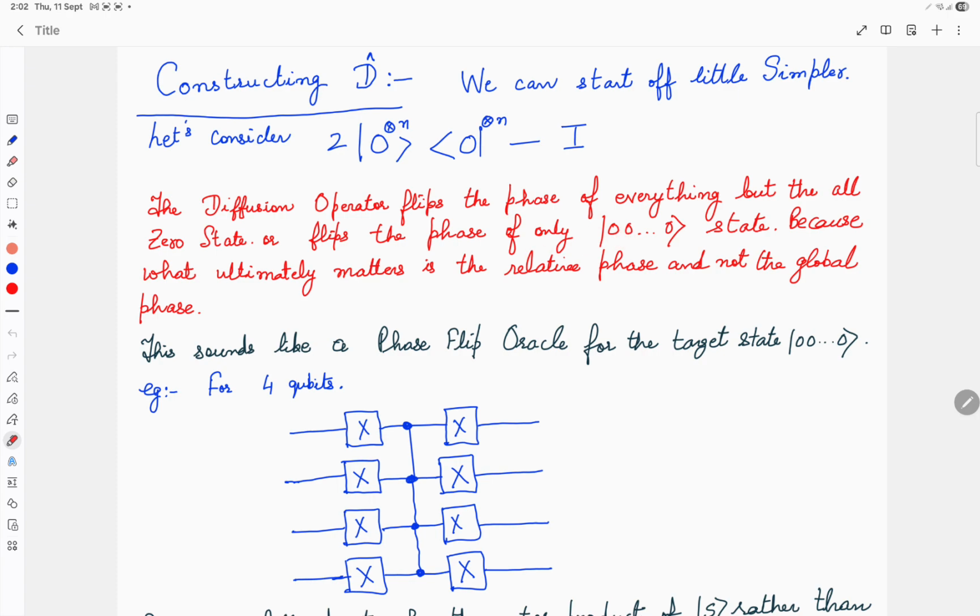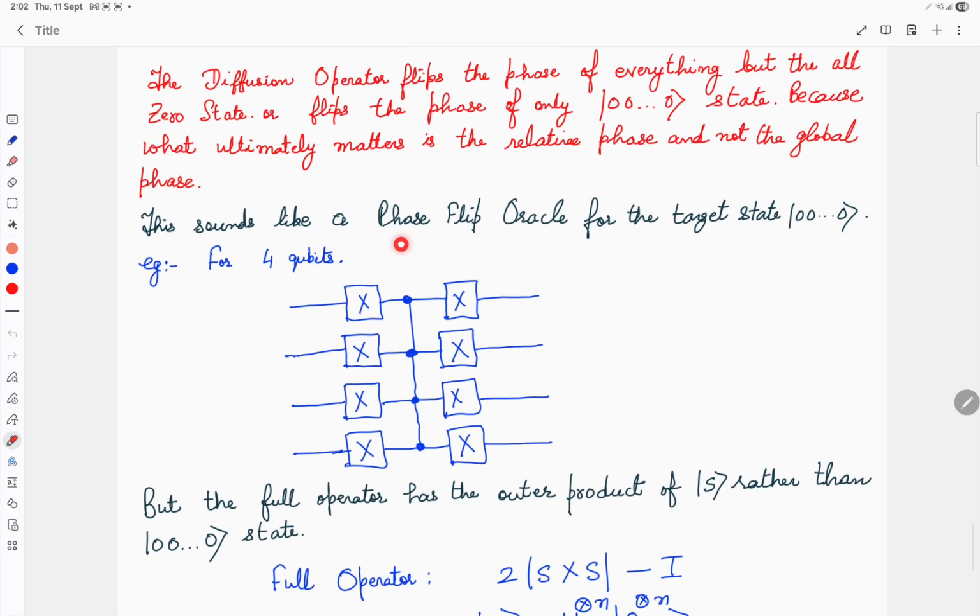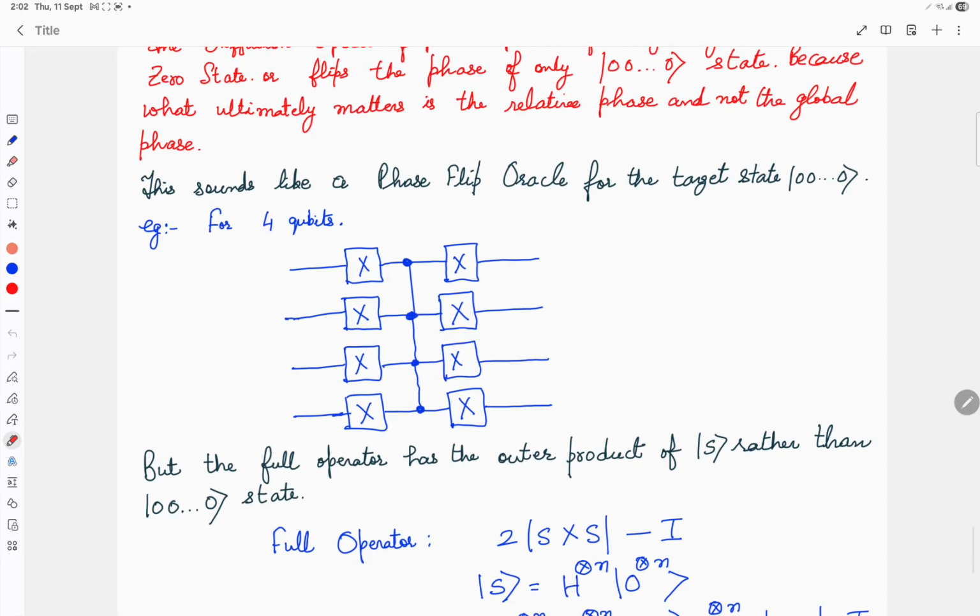Since in quantum systems we worry more about the relative phase rather than the global phase, whether it is the phase of the ket 00 state being flipped or the phase of everything else but the ket 00 state, it has the same meaning, because what ultimately matters is the relative phase and not the global phase. So this sounds like a phase flip oracle for the target state ket 00.